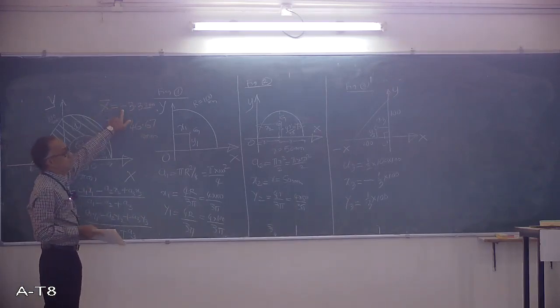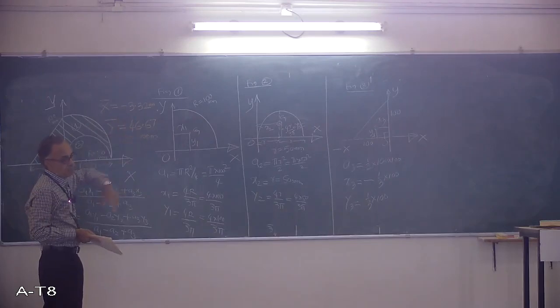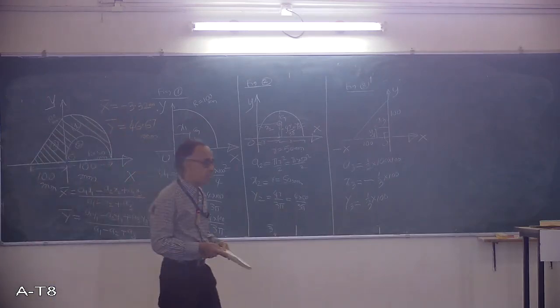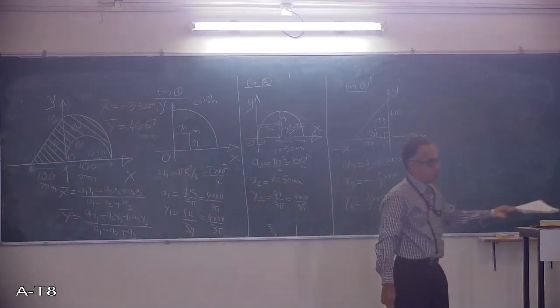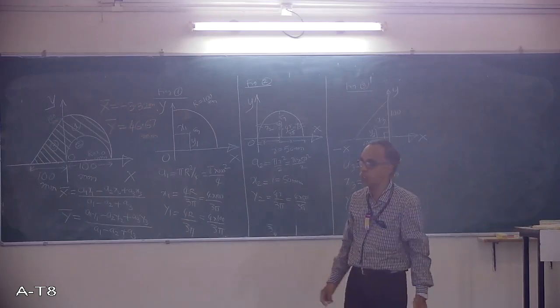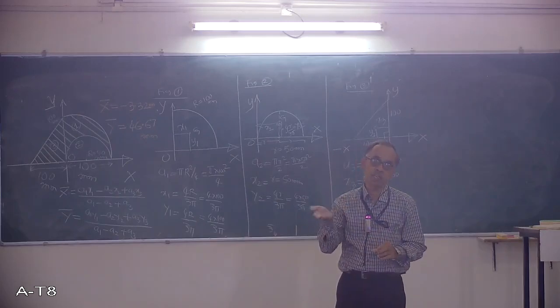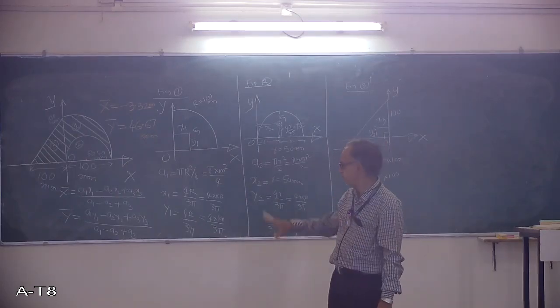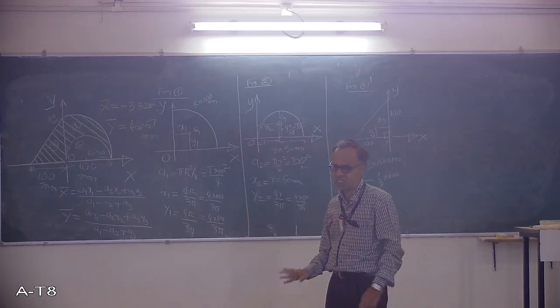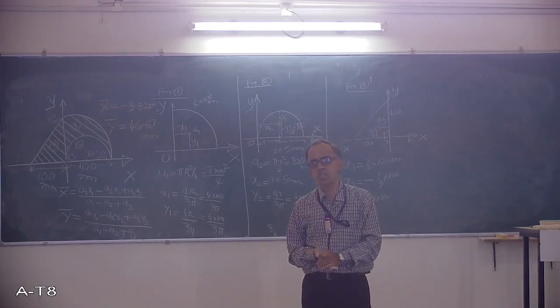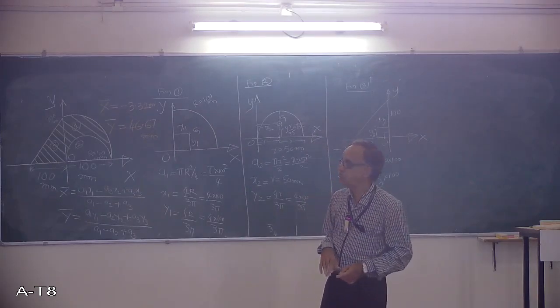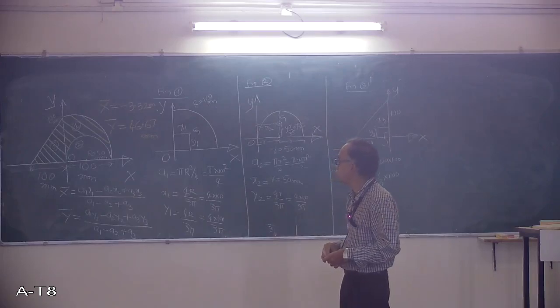Don't think that it is wrong. Many times you get coordinates with the minus sign. Every time don't think you get both x bar and y bar with a positive sign. Many times x bar may be negative, y bar also may be negative. It depends on where the figure is, whether left side or right side. Even if you get a negative answer, it is okay. Don't think that you have got a wrong answer. So x bar is minus 3.32 millimeter and y bar is 46.67.